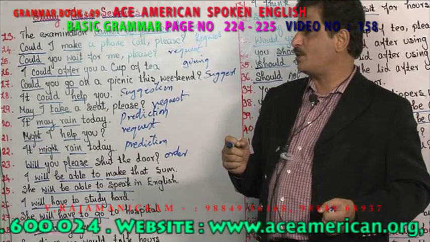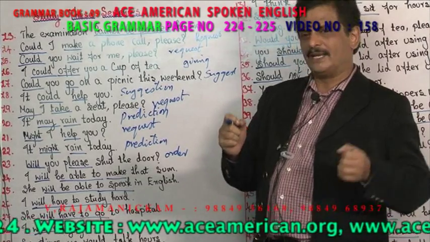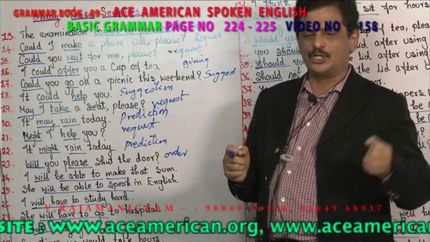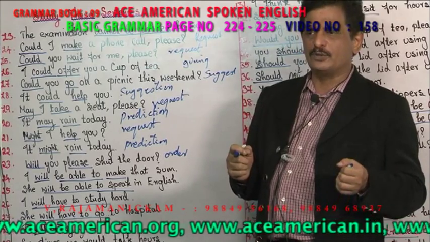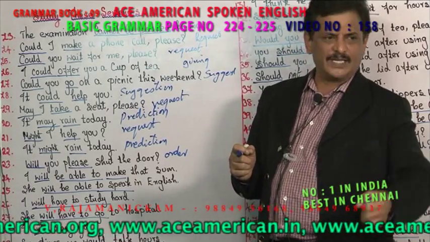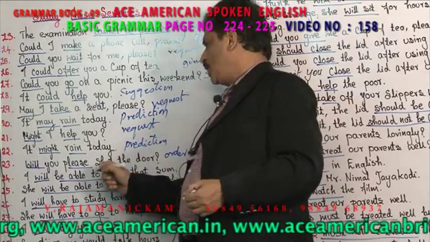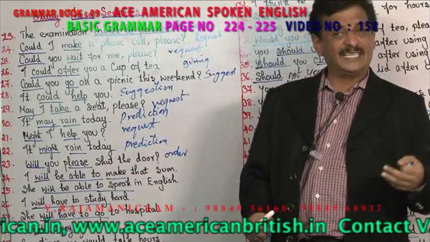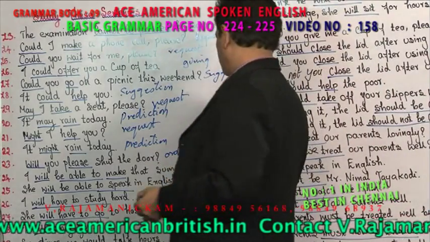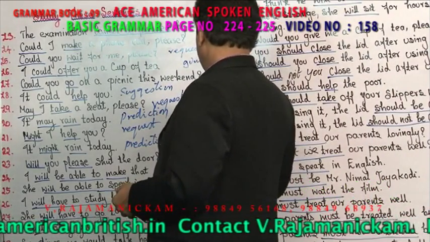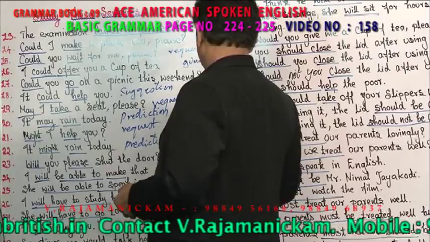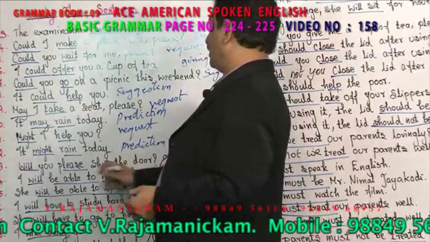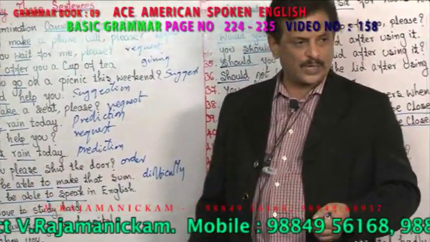I am able to speak in English means somehow I can manage to speak in English. When you use I am able to, it means somehow with the difficulty you are able to. So, I will be able to make that sum means in future with the difficulty I would be able to do. So, doing something with the difficulty, you are using will be plus able to.